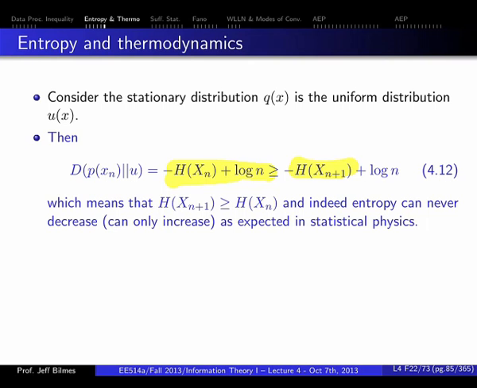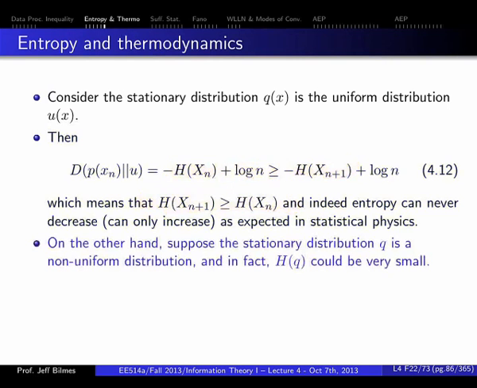Since log n is constant, the entropy is going to be increasing over time. When the uniform distribution is the stationary distribution, the entropy can never decrease. That's the depressing news, as expected in statistical physics.